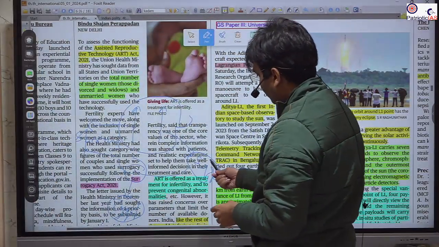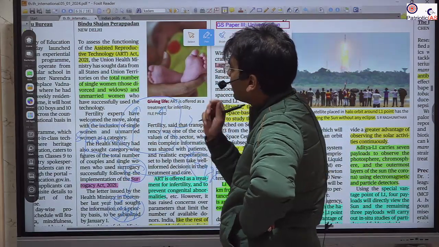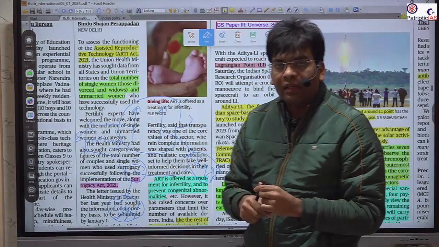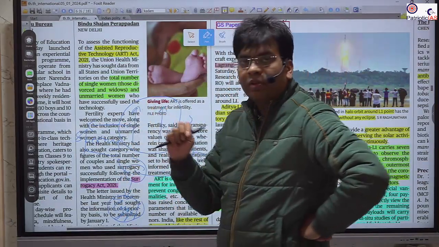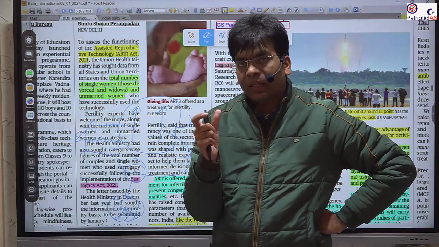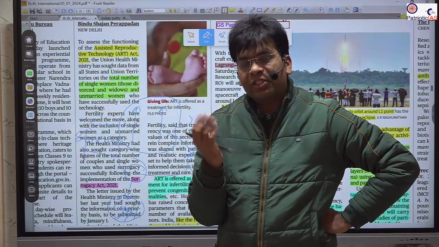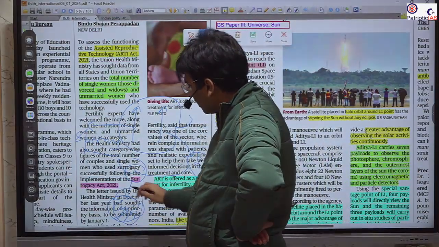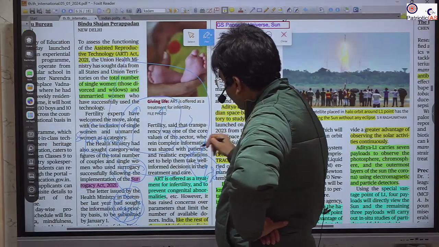So in the case of the weaker egg or the weaker sperm, if the pregnancy is not taking place, in that case, in an artificial way we try to fertilize the eggs and sperm in the laboratory with a technological method, and that's turned into a healthy zygote, and again it is put back into the uterus of the female.